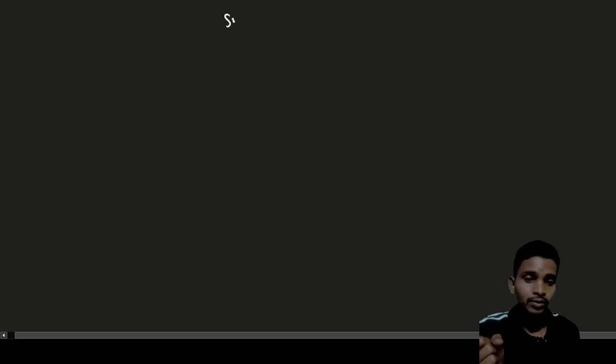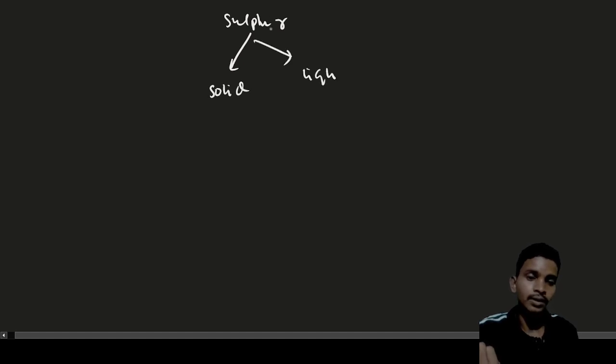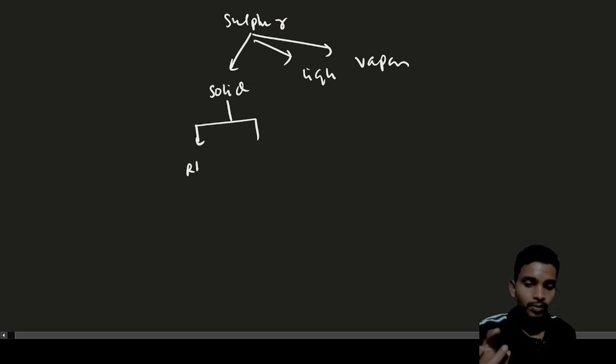One more one-component system we will discuss is sulfur, because sulfur exists in 4 phases: solid, liquid and vapor. But the solid exists in 2 forms: rhombic sulfur and monoclinic sulfur.